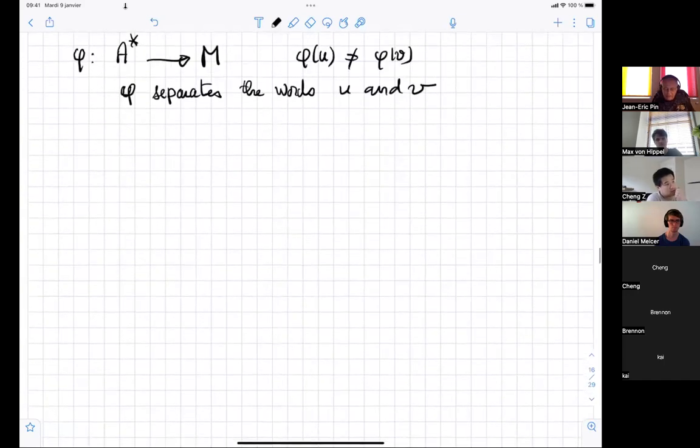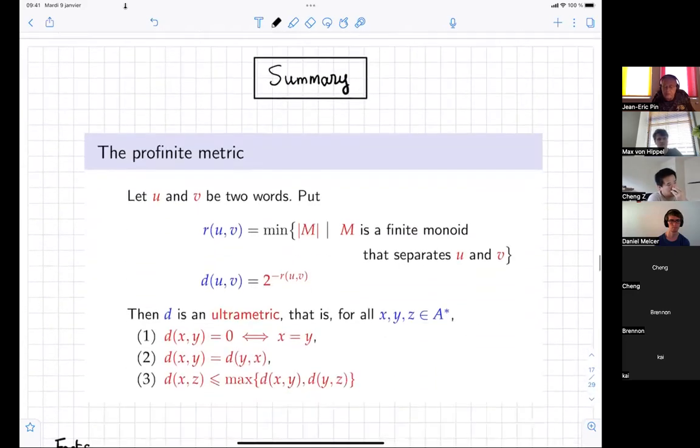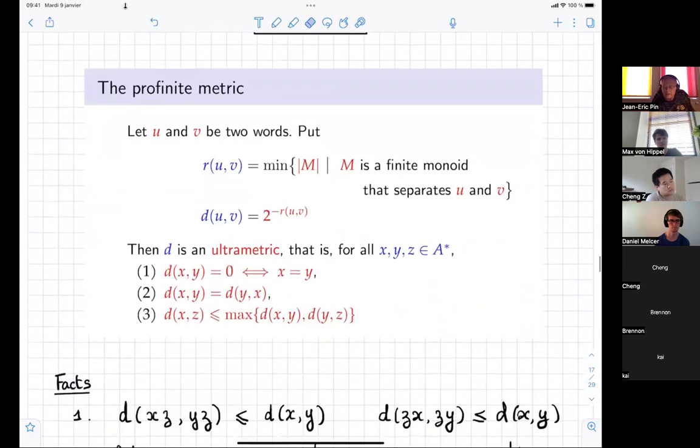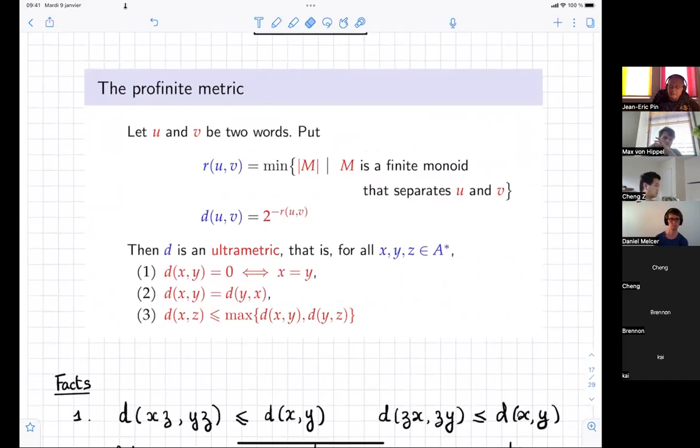And now, if I want to make it a metric, I do the following. I keep this idea, but I denote it by R of u, v. This is the size of the smallest possible monoid which separates the words u and v. One can show that it is always possible to find such a monoid, just like you can take a finite automaton separating two words.